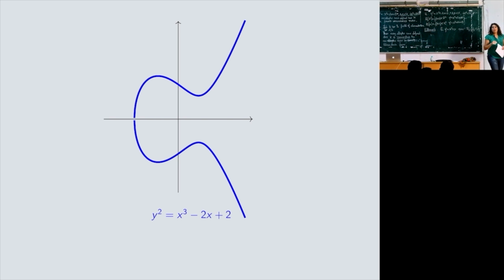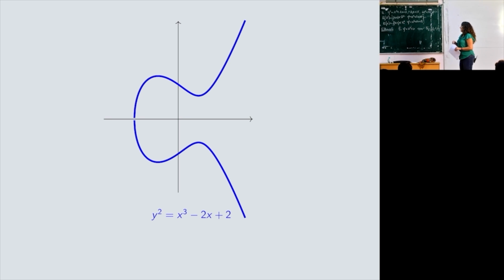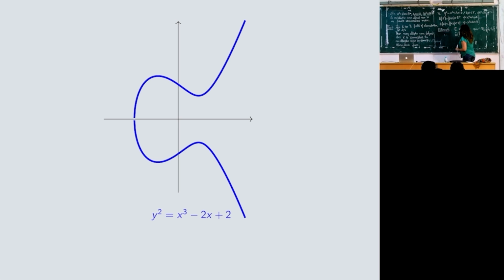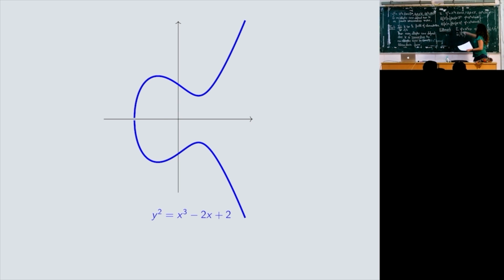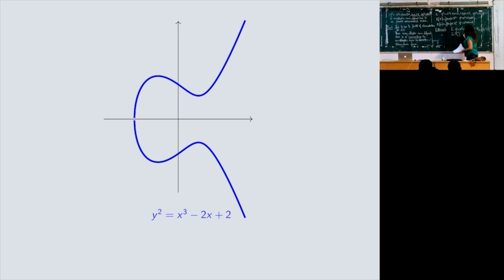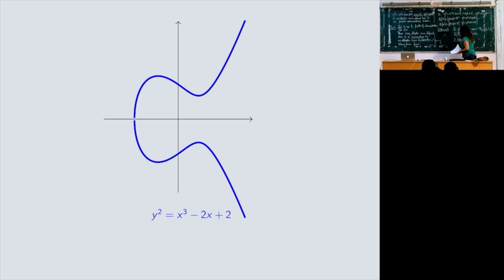Why not? Well, this set, how many points does it have? Infinite. For every value of x, and I have infinite possibilities here, I have 2 values of y, okay? 2 or 1, depending on the case, but at least 1, okay? So this is infinite. But what we can do, actually we are going to do now together, we can list what are called the F3 rational points.